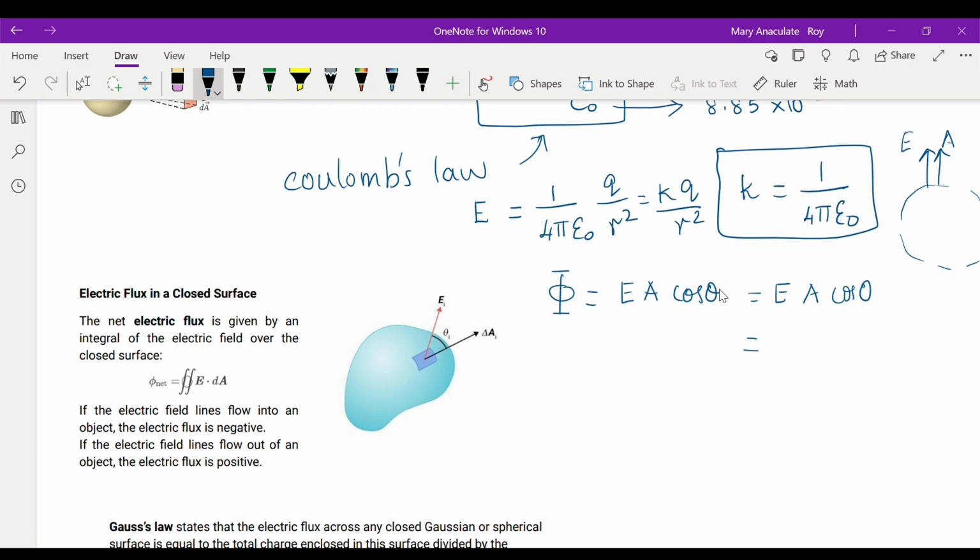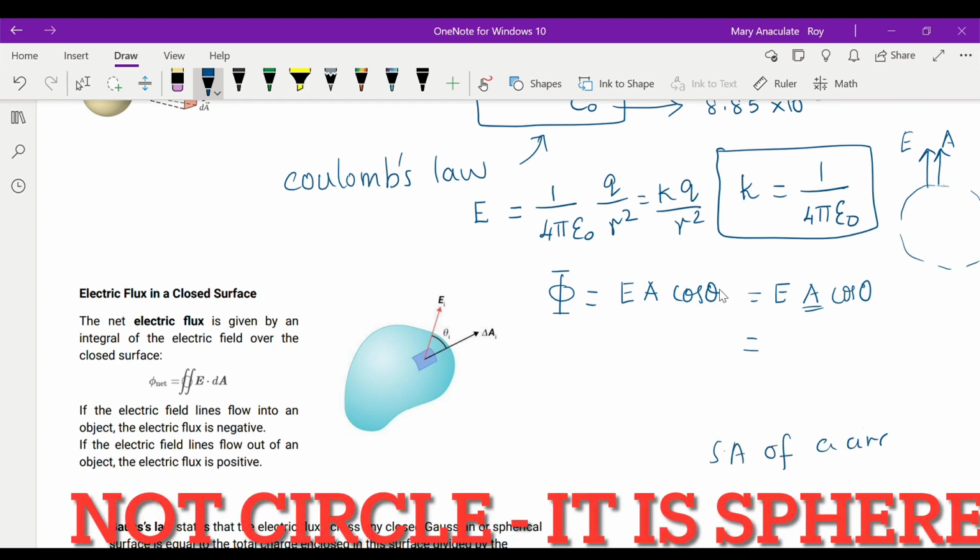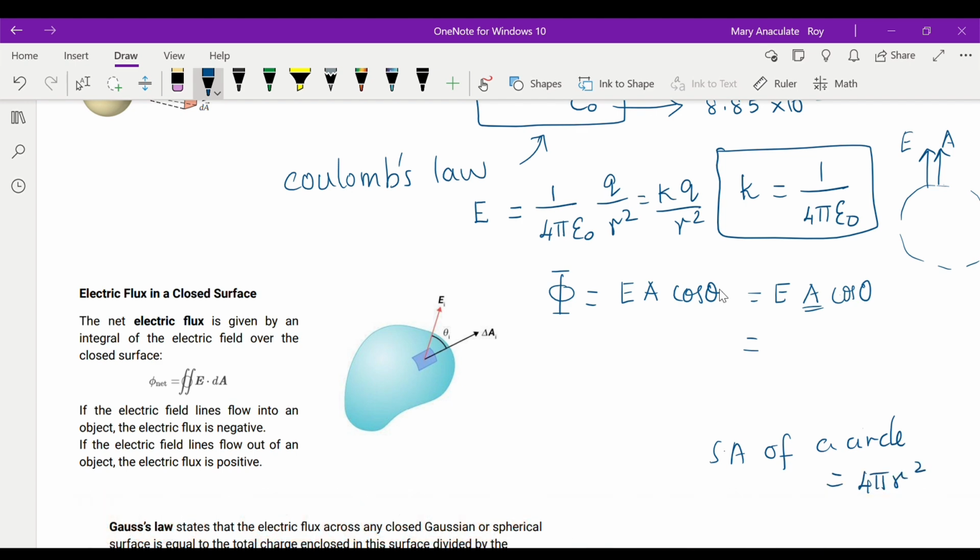The total area here is the surface area of a sphere, a formula from math, which is 4 pi R square. So we substitute that area in the formula, and for E we substitute the Coulomb's law formula: 1 over 4 pi epsilon naught times Q over R square, times the area 4 pi R square.